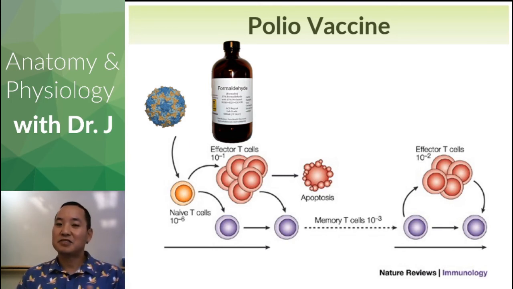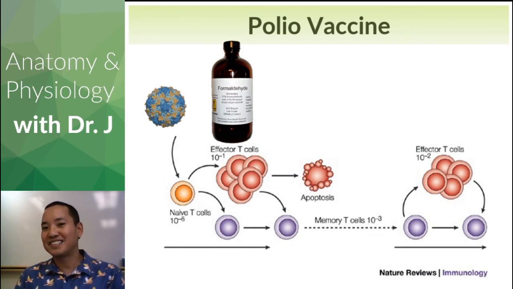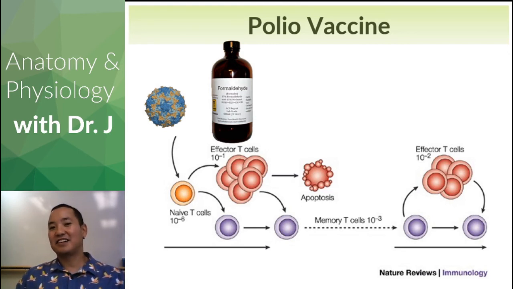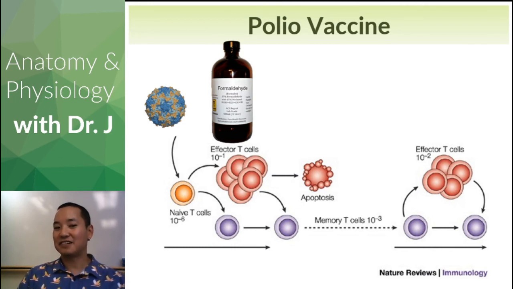So what else do we use formaldehyde for in science? Well, preserving. Remember those fetal pigs? They still have the shape of a pig, but are they going to grow up into adult pigs and have little fetal pigs of their own? No, they have the shape, but they're inactive. They're dead, right? So this is what he used to, quote unquote, kill these polio viruses.